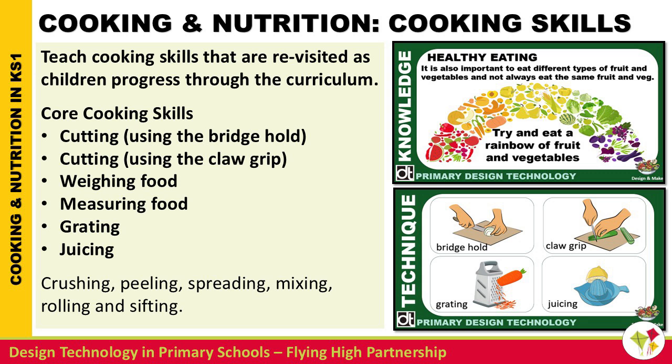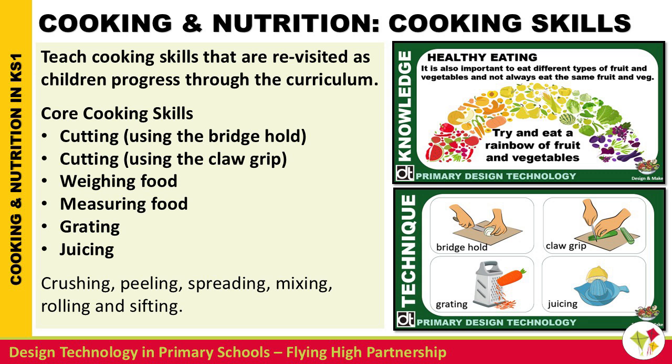The skills and techniques taught in Key Stage 1 do depend on the curriculum content, but the key skills are cutting and holding food using the bridge hold, cutting and holding food using the claw grip, weighing and measuring food, grating food, and juicing food. Other skills might include crushing using a mortar and pestle or garlic crusher, peeling, spreading, rolling, mixing, and sifting.